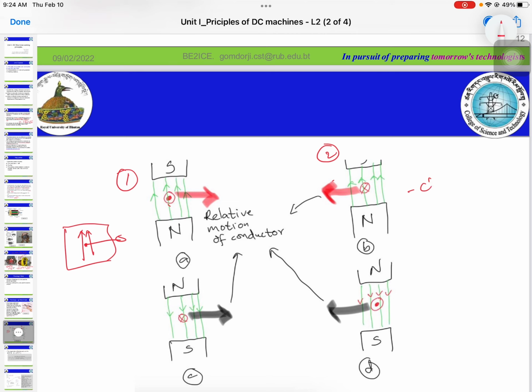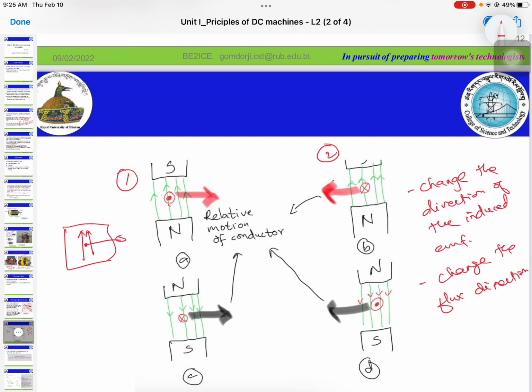which means we have the scope to change the direction of the induced EMF. We also have the scope to change the flux direction.